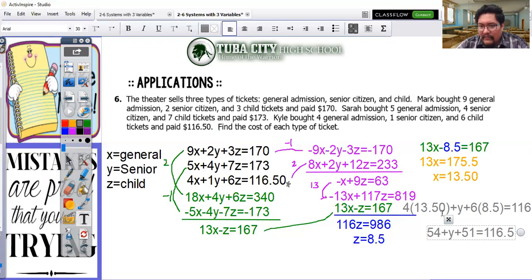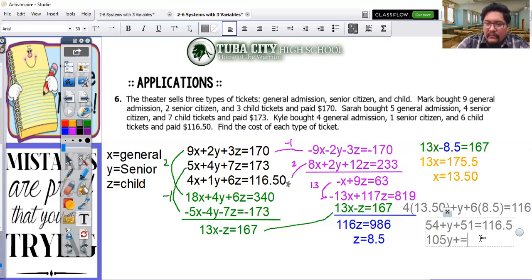You can't really see the 0.5 because it's just barely off screen there. Combine like terms: I'm going to add 51 and 54 together, so we get 105 plus y equals 116.5. And then I'm going to have to divide both sides by 105. Does that seem right? No. Oh, okay, I see.